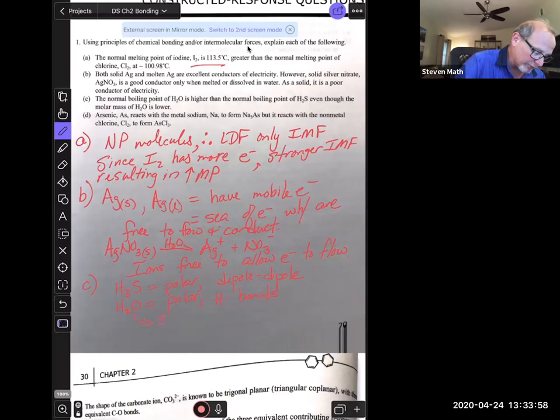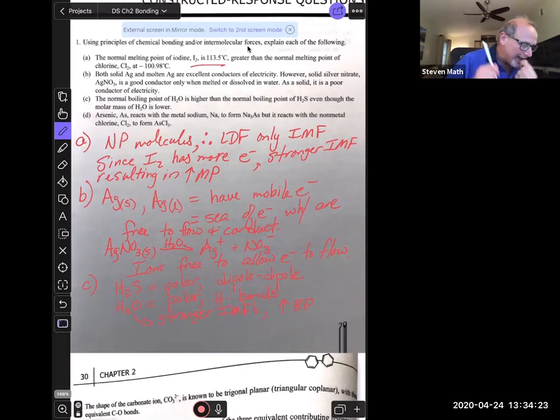H2O has stronger IMFs, and that's going to lead to a higher boiling point. Basically the same question as in 1A. 1C and 1A are the same. One's melting, one's boiling. Still the same answer about molecular forces, intermolecular forces.